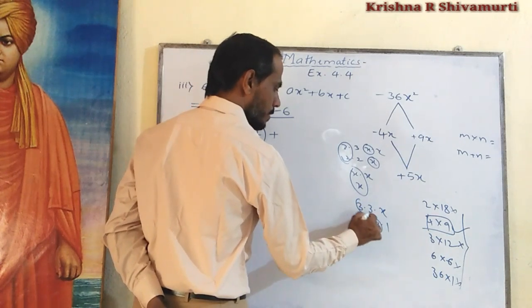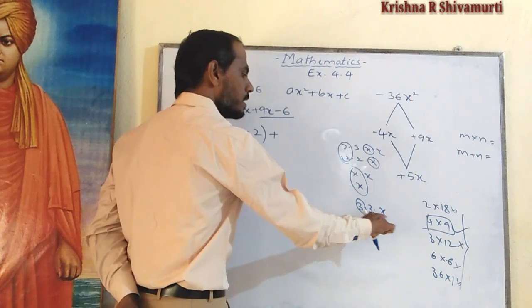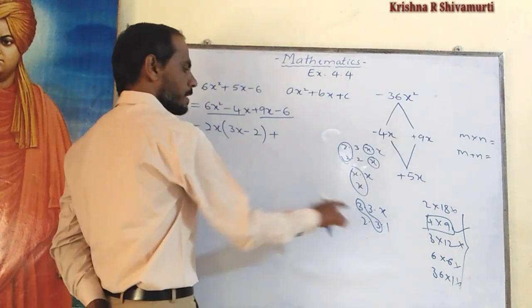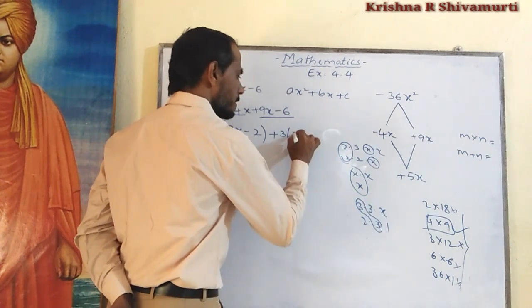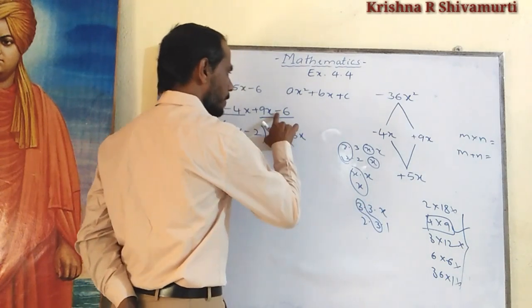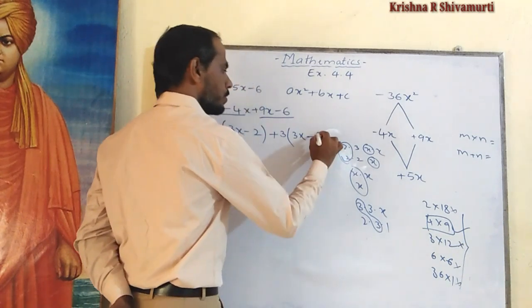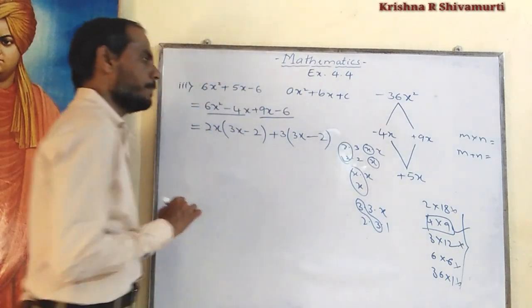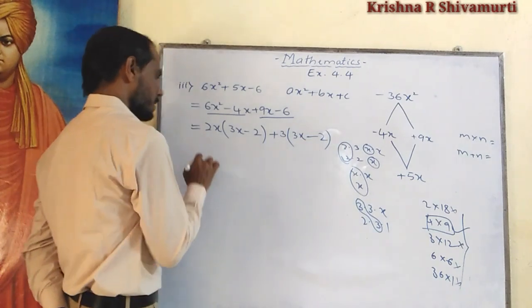Take 3 as common. What is left in the first term? 3x. Minus 2 1s means 2. The remaining factor is 2, and the common factor is 3.